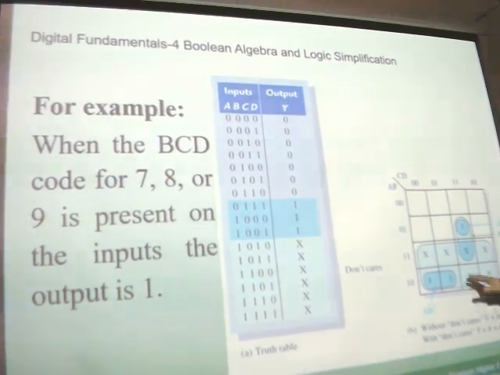So the column of the truth table is like this.